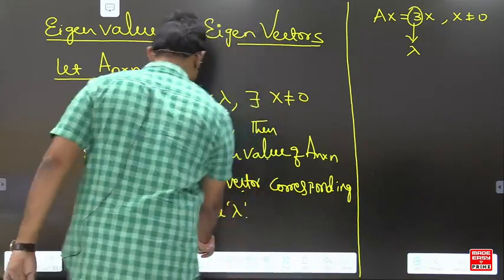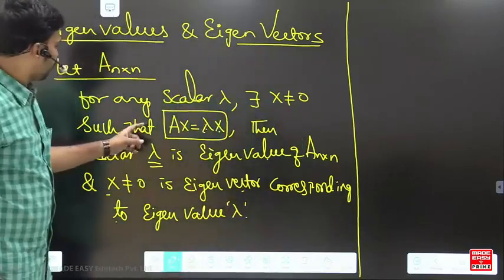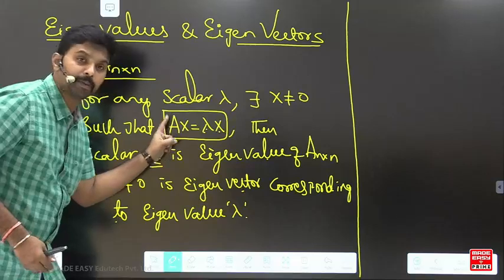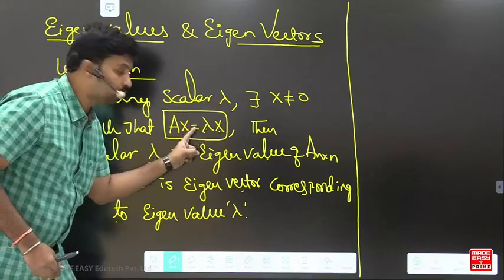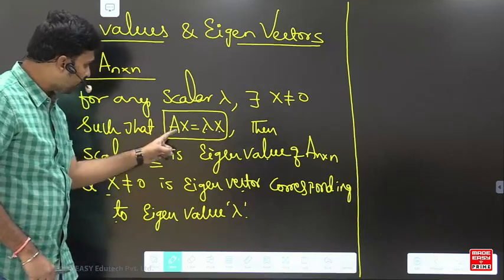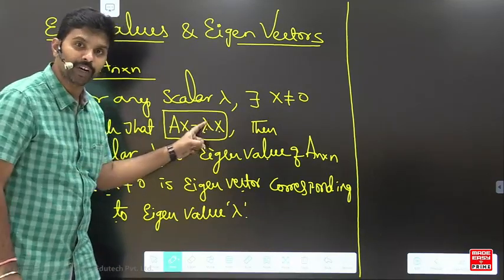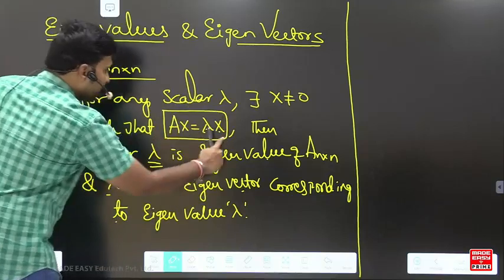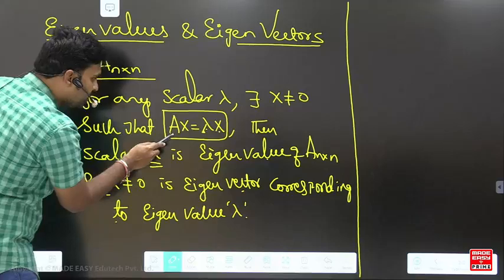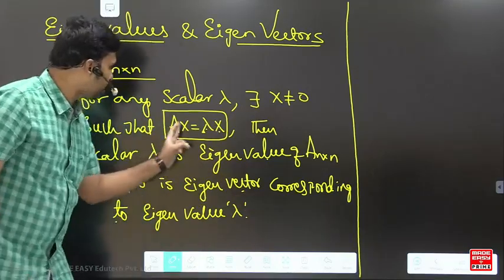So that's the definition. Whenever the matrix multiplication of a vector is equal to some scalar times the same vector, the left side is a matrix multiple of that vector, but the right side is a scalar multiple of that vector. So it is very clearly seen from this expression that a simple scalar is replacing this matrix A, because here both are equal.